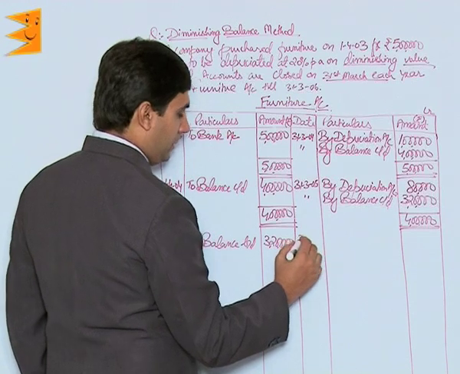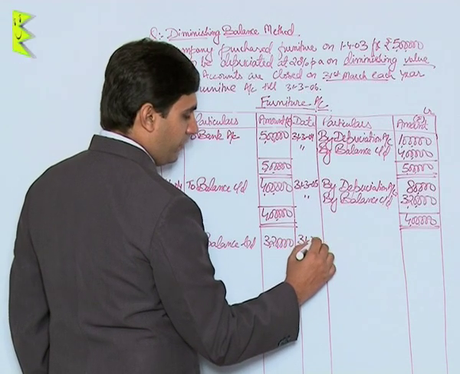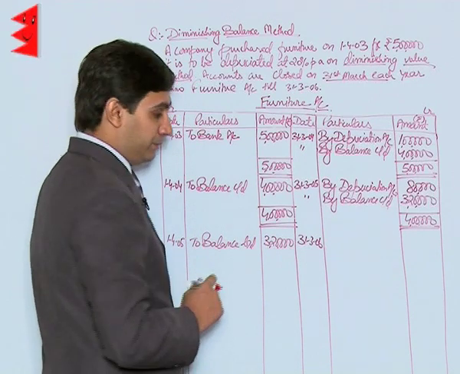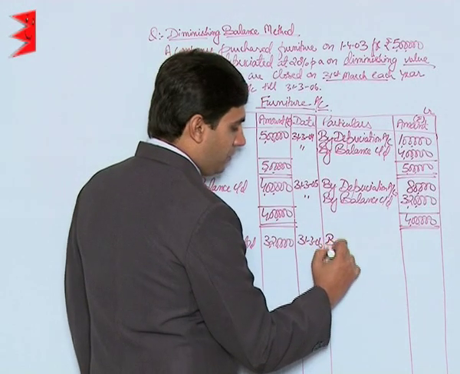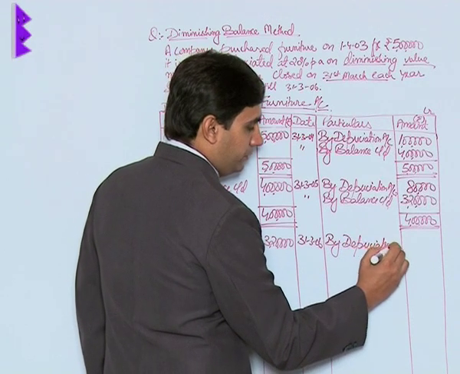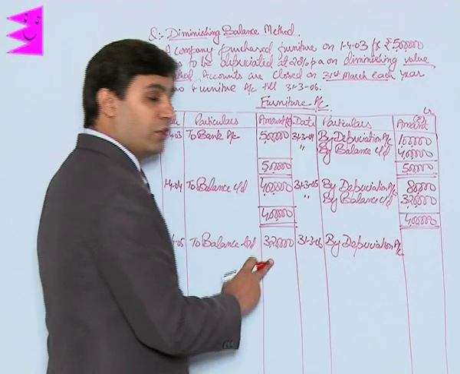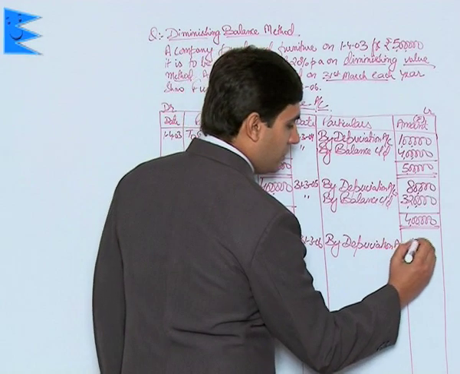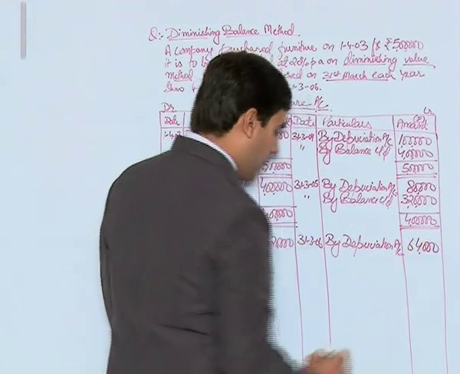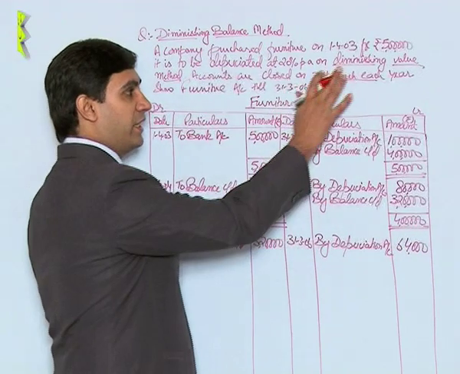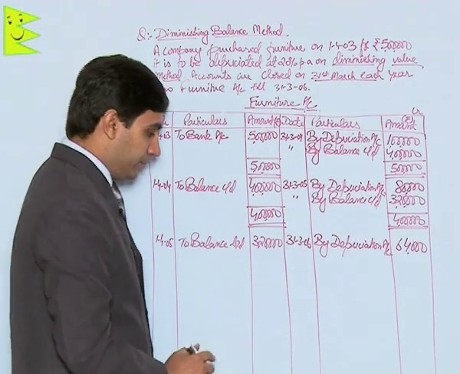At the end of this year, that is 31st March 2006, by this year we mean this financial year, depreciation would be charged, that is by depreciation account, 20% of 3 lakh 20,000. That comes to 64,000. Again students, 20% of book value would be charged because it is diminishing value method.